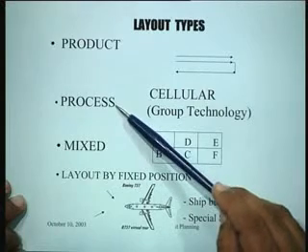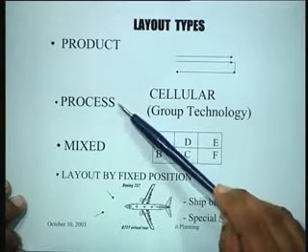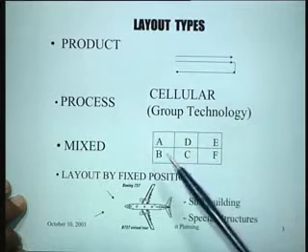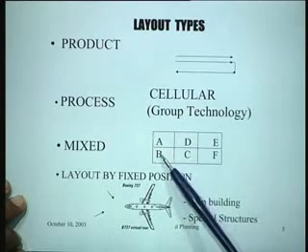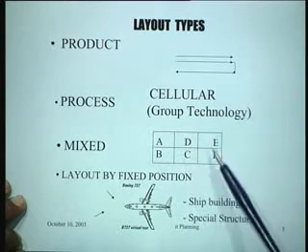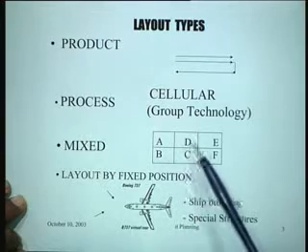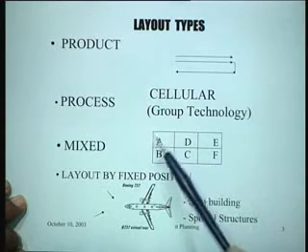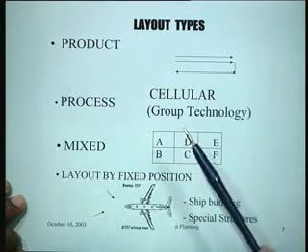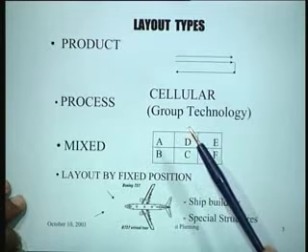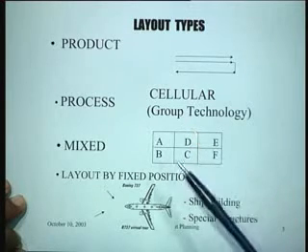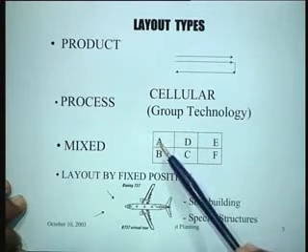Another kind of layout is a process layout. Essentially, a process layout is something where you have different departments, let's say A, B, C, D, E, F. Each of these departments houses machines which are similar in character, though these machines are not identical. For instance, A could be all the lathes.